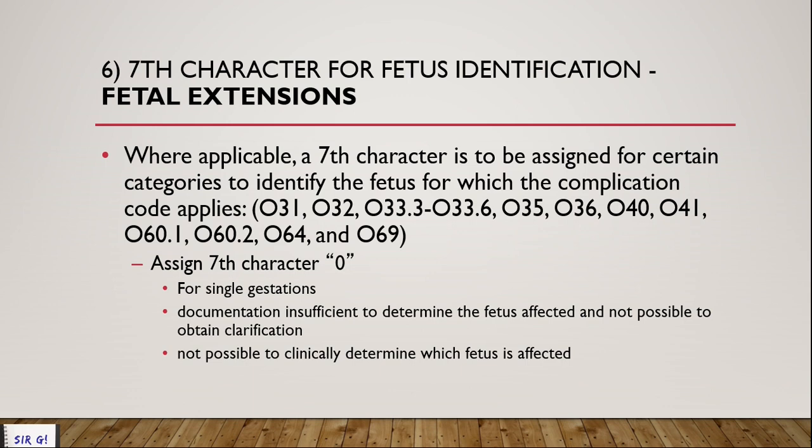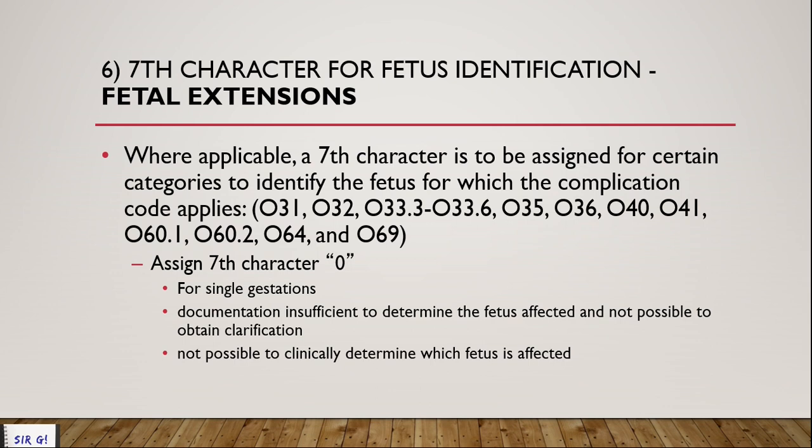Okay, next one, 7th character for fetus identification. Just put in, guys, your fetal extensions, what they usually term as fetal extension. But I usually put in this guideline that this is applicable only for multiple gestations.